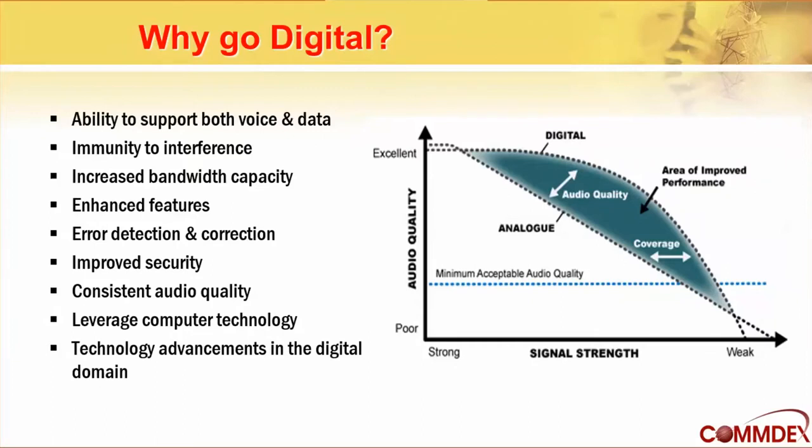In digital, it takes a slightly different path. In digital, what will happen is the audio quality will remain good further along the way as the signal gets weaker and weaker because of error detection and correction. Even as the signal is weaker, the audio quality will remain good for a longer time until finally you reach a point where it's just not good enough, and then it rapidly drops.